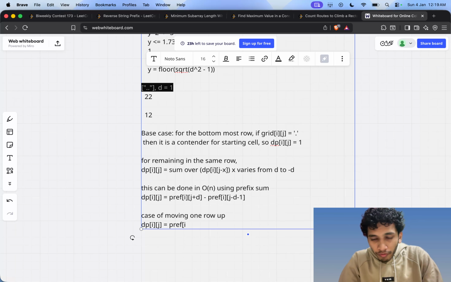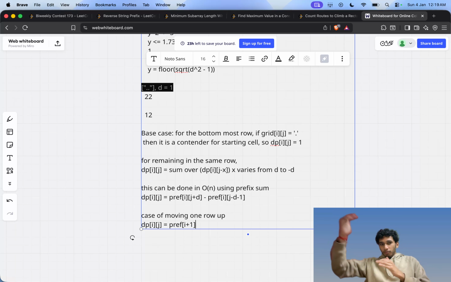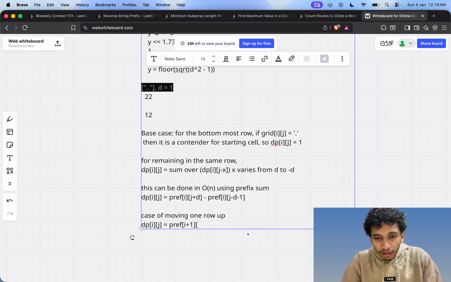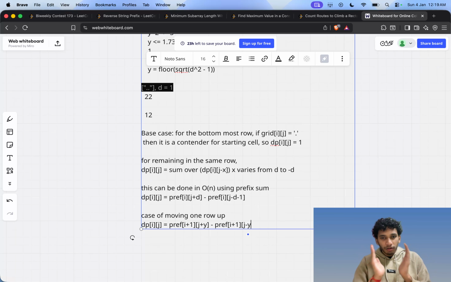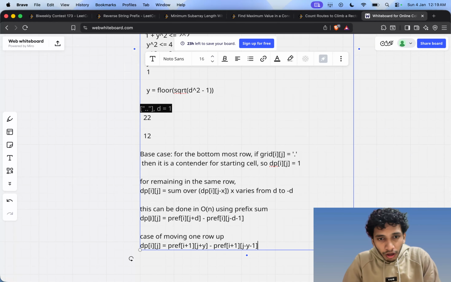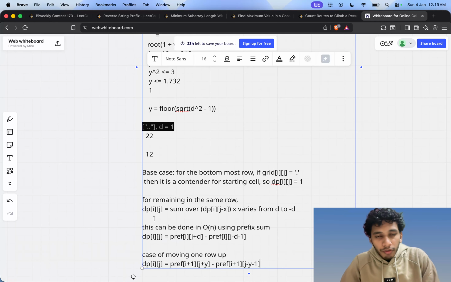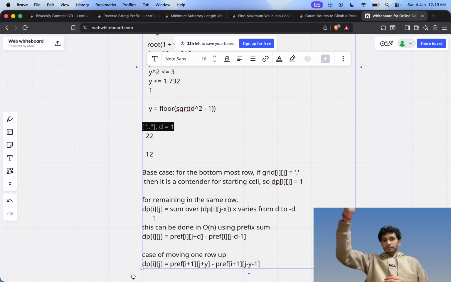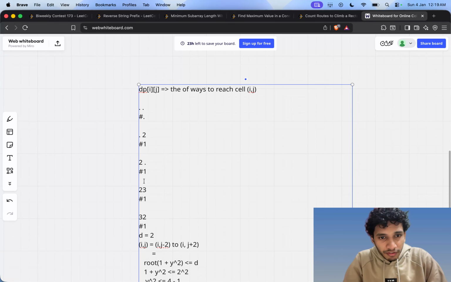So we move one row bottom, j minus y, j plus y, one row bottom, j minus y. We need to include this particular cell j minus y, so minus 1 extra. And this is the recurrence for moving one cell upward, just as we discussed in this part.